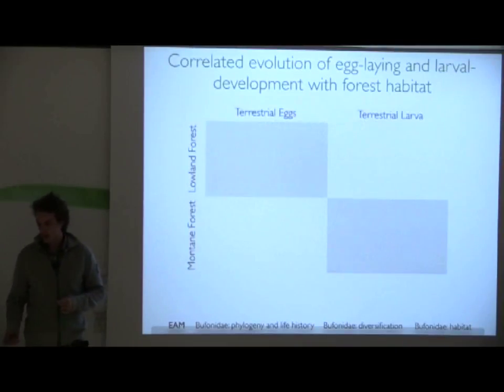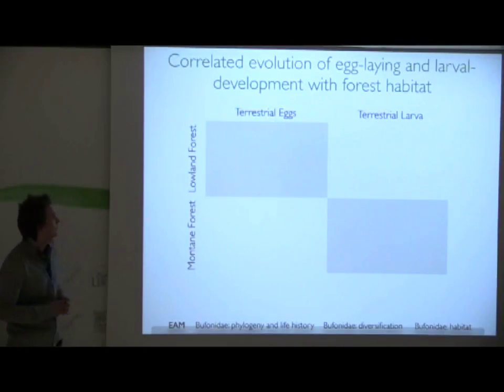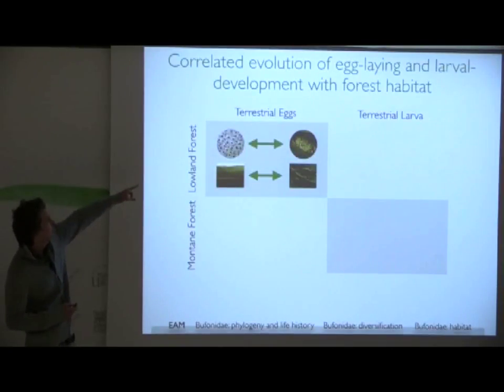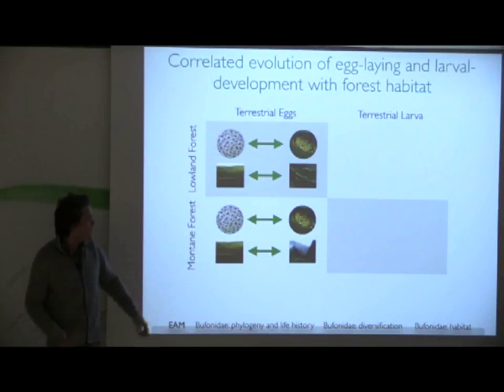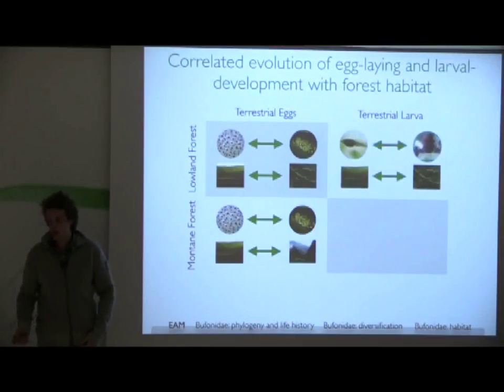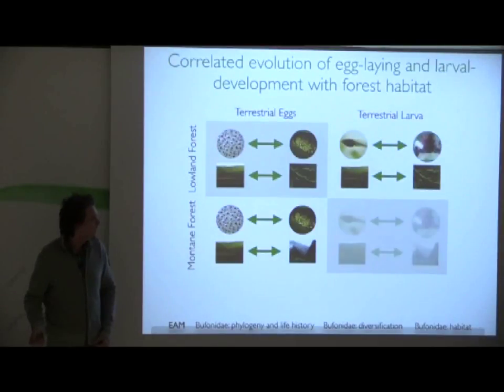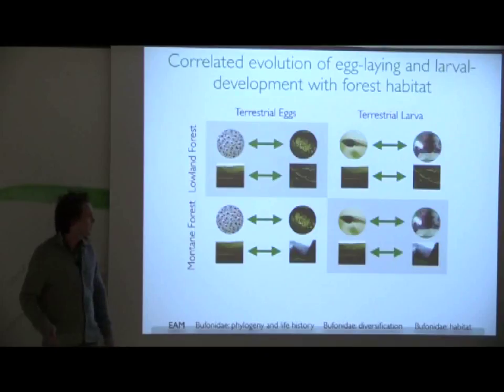So we did that 4 times for each possible combination. So for example, we have terrestrial eggs versus aquatic eggs, and non-forest to lowland forest, and then terrestrial eggs to aquatic eggs, and vice versa, and non-forest to montane forest, and the same for terrestrial larvae, both with lowland forest and montane forest.